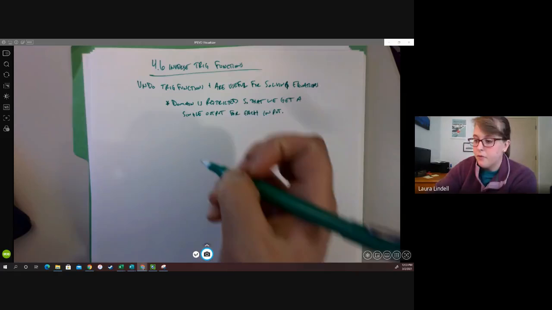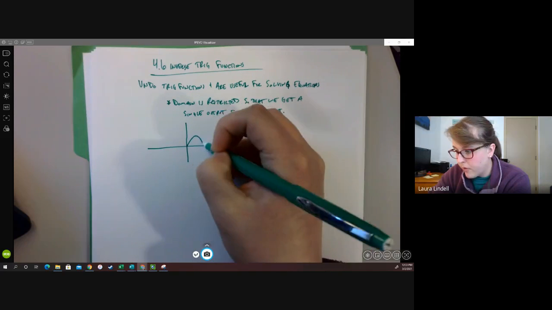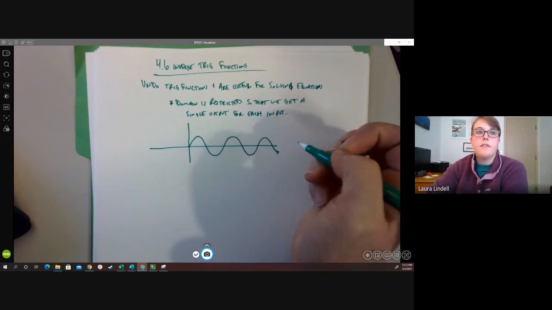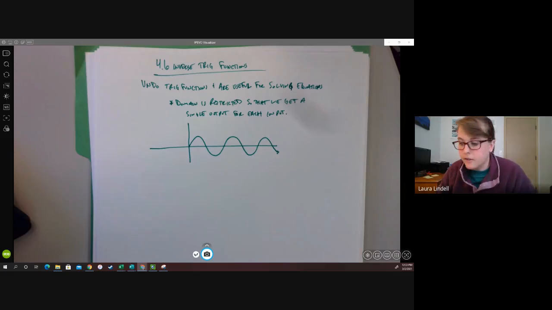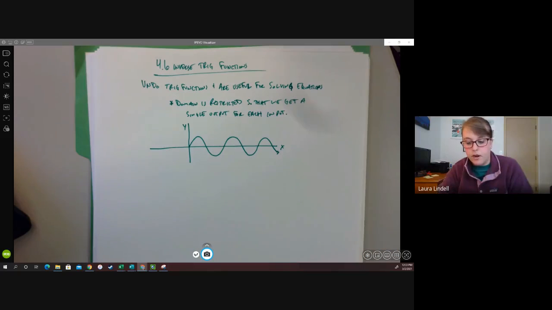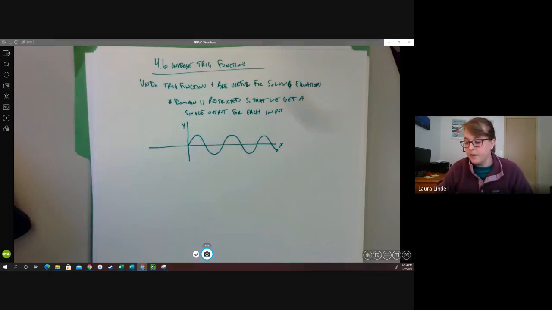Because if you think about a trig function like sine, we end up with something that looks like this, right? And if you think back to when we were talking about inverses, remember this is the y, this is the x. If we were to switch x and y, that would give us the inverse function, right? And so when you talk about whether or not something is a function, it has to pass the vertical line test, in which case sine does.